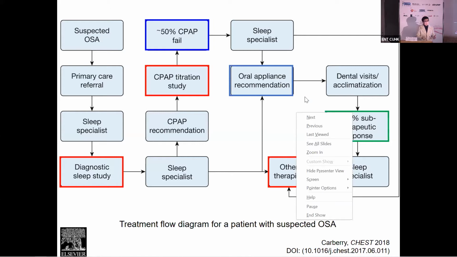Then what do we do next? Everyone, even the ENT surgeon, sends the patient for CPAP. With CPAP titration, we hope to find a pressure that the patient can tolerate and sleep well. Unfortunately, almost half can't tolerate CPAP.